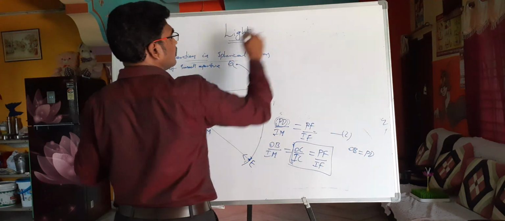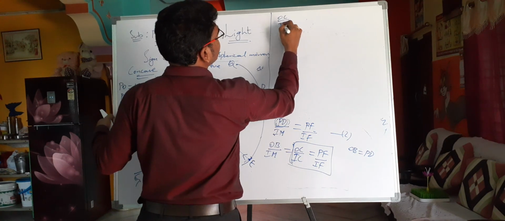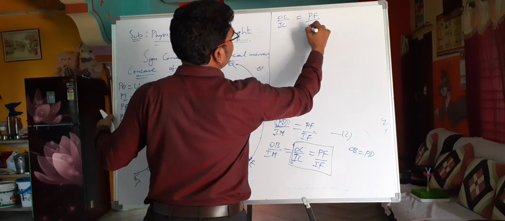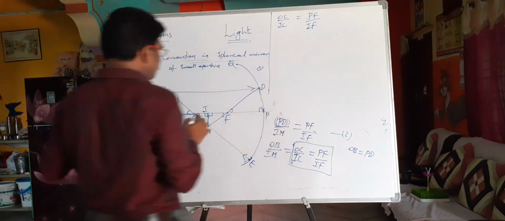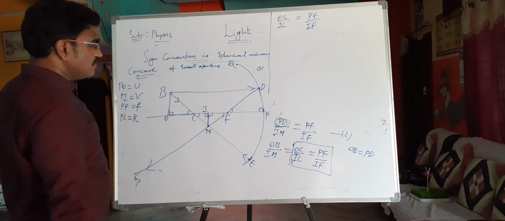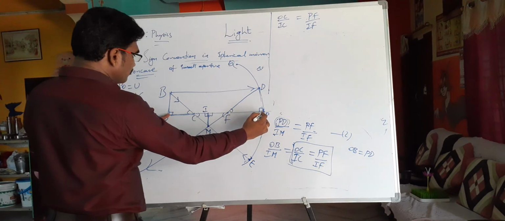See here. So this condition, OC by IC is equal to PF by IF. Let me take, what is the OC value here? I want to find this value, OC. But when I want to find this value, you see here PO. Actually, what is PO here?